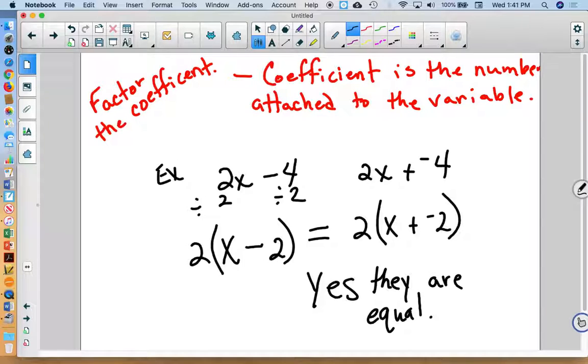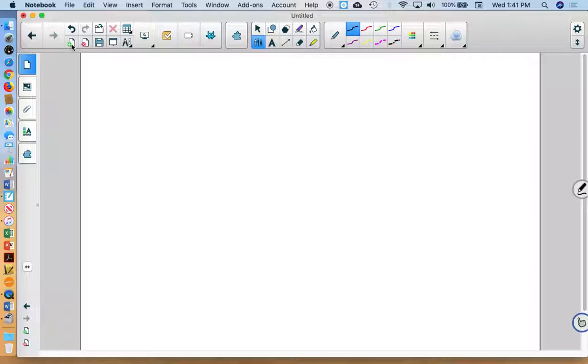Okay, one more. Again, factor out the coefficient. Okay, so we're going to say 2.2x plus 4.4.